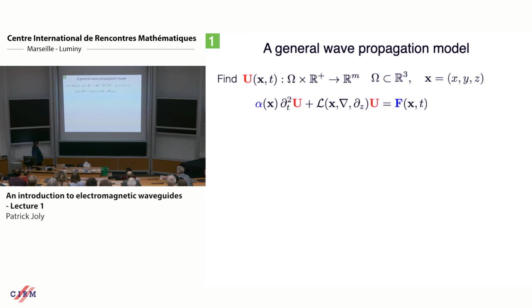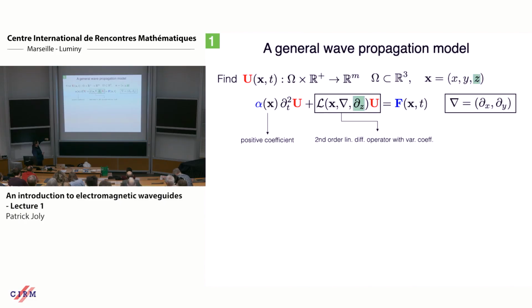The model equation will be like that, where alpha is a positive coefficient, dependent on space, and L is a second-order linear differential operator with variable coefficients. I have written it like this to anticipate the fact that later the direction in space, which I call Z, will play a particular role.